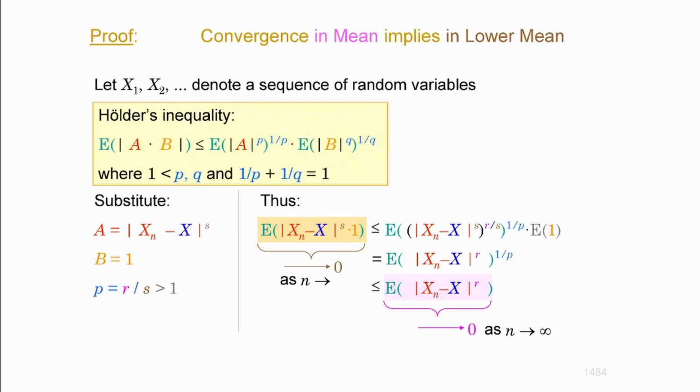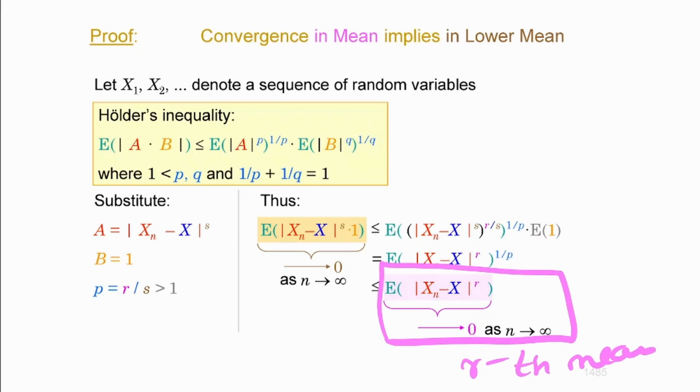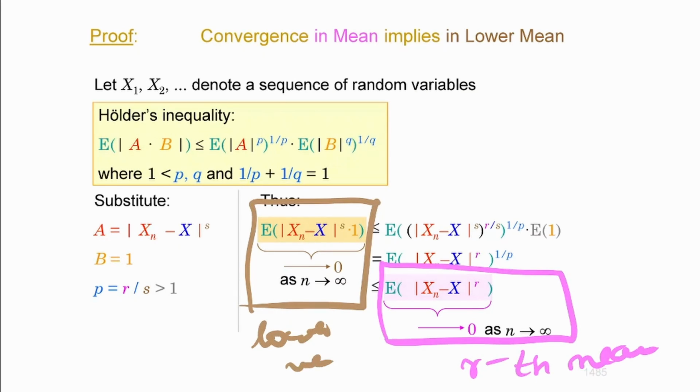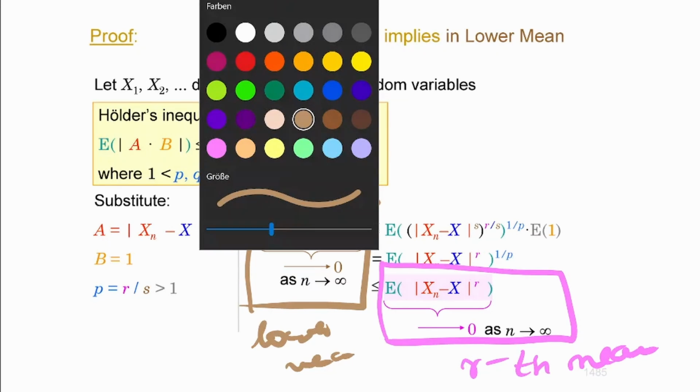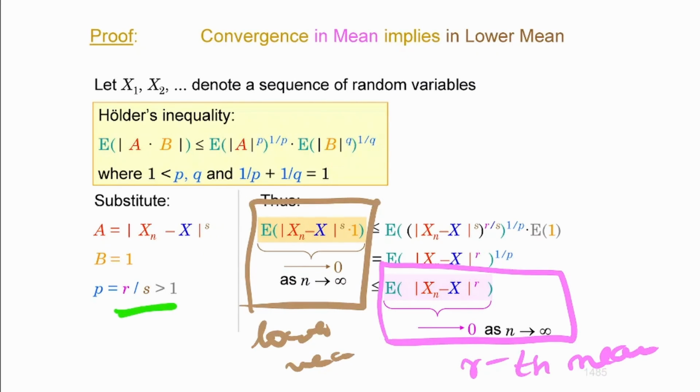And that's basically proving what I'm going to stress here: if you have convergence in rth mean, then you do have convergence in the lower mean, which is here. Looking at this expression, r is greater than s.